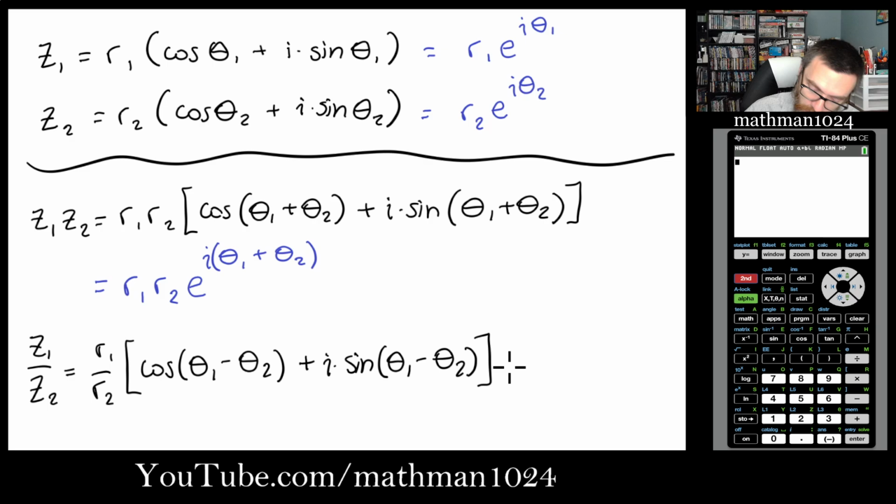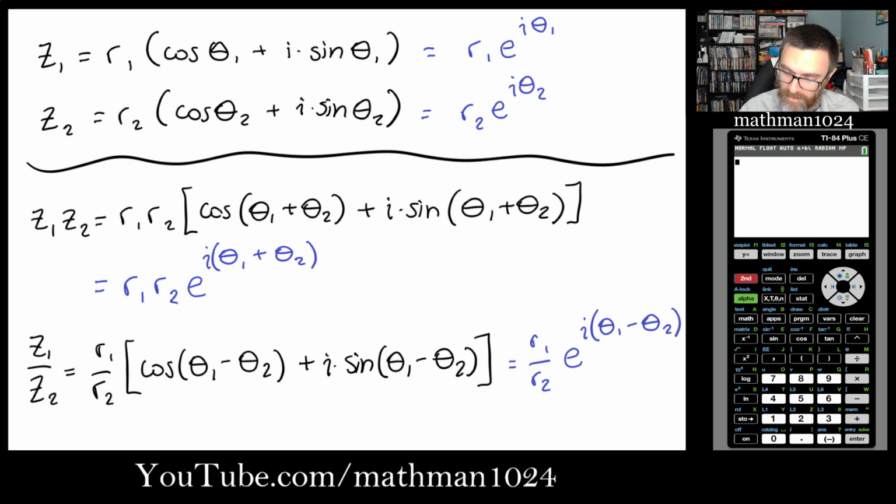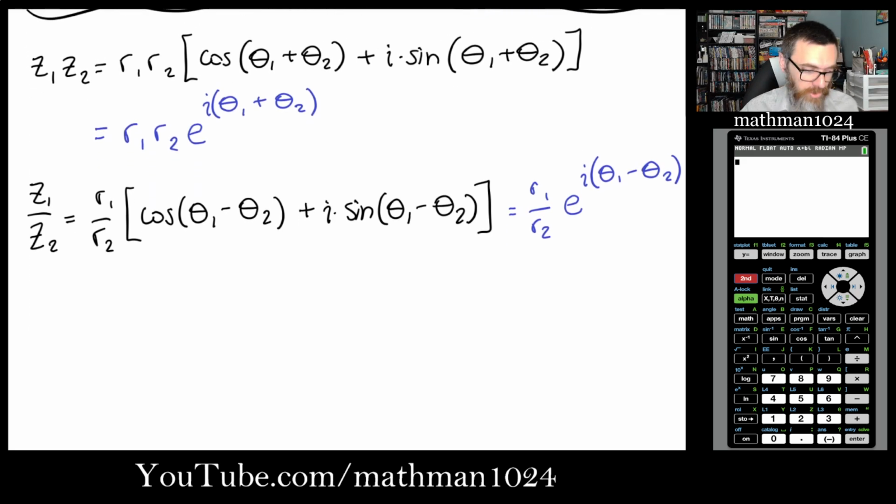And in exponential form, that's going to be the quotient of r1 over r2 times e to the i theta 1 minus theta 2.